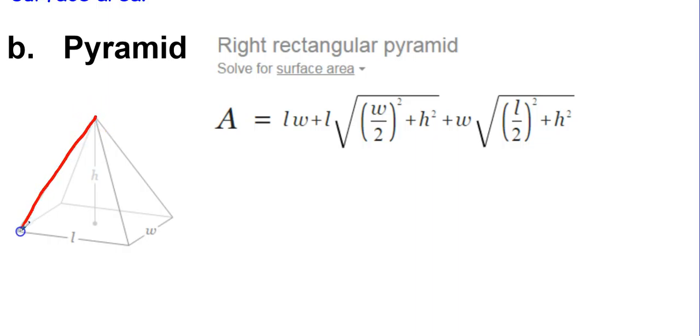We're going to highlight first the two different faces, not bases, that are going to be congruent here. So in red, I've highlighted the two different faces of this pyramid that are going to be congruent.